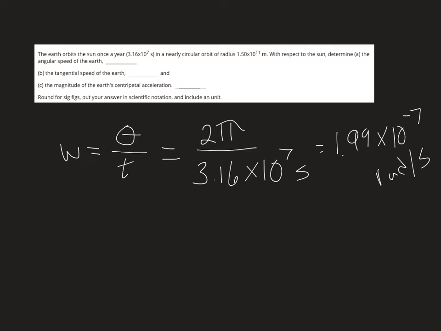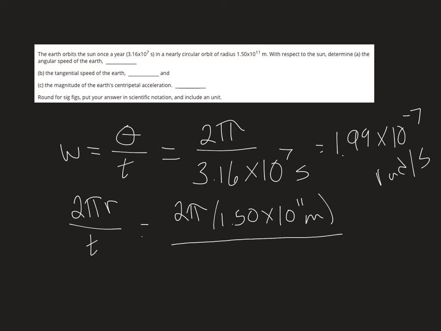Okay? Then we want the tangential speed. So remember, tangential speed is the circumference of the circle, 2 pi r over t. Okay, so then I plug in my information: 2 pi times 1.50 times 10 to the 11th meters, and then divide that by 3.16 times 10 to the 7th seconds.